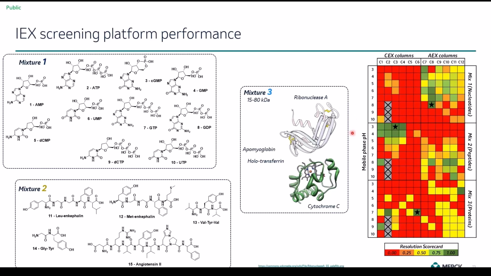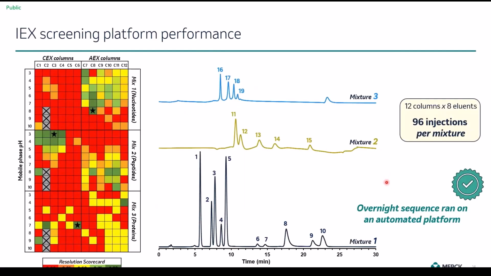We were able to collect all results in the form of a scorecard in which we can quickly see, for example, the red boxes if we do not have any separation or poor separation, and the green boxes, those are the ones where we have either already a baseline separation of all components or conditions that can be moved to an optimization stage later on. And we were able to do so, as we can see here, by performing 96 injections.